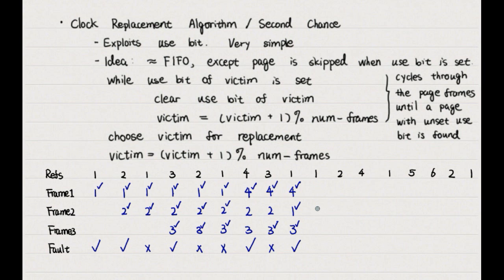Now we have 1, and 1 is already in memory. So no page fault. Now we have 2, and all use bits are set, so we look back and find that 3 has been the longest, so we replace 3 with 2. And clear the use bits of 4 and 1.